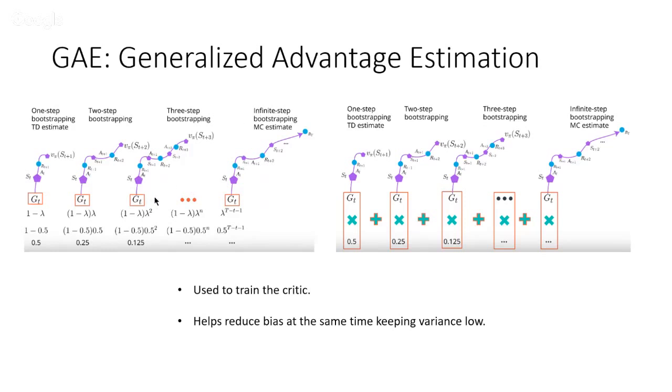But this way, the variance will slightly increase, but not as much, because you are weighing them, and your weights are reducing as you go further and further in time, depending on your lambda. So depending on your lambda, you can decide how much the bias will be reduced and how much the variance will be increased because of using n-step bootstrapping, right?